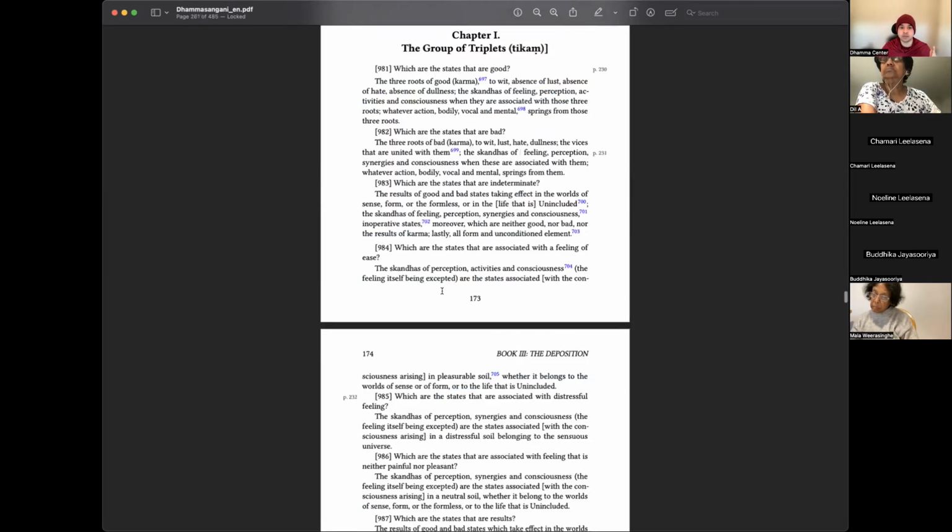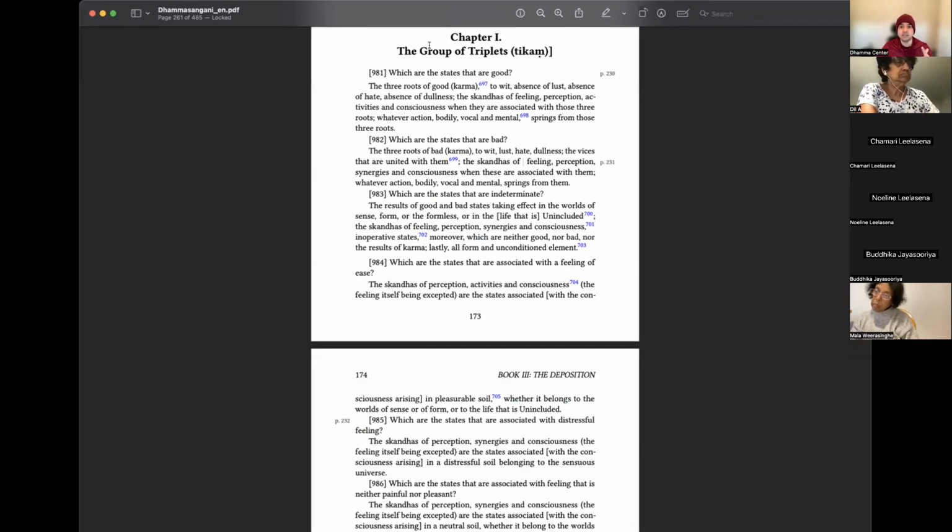Let us go. Tikamatikas first, the group of triplets. Which are the states that are good? Katame Kusala Dhamma.